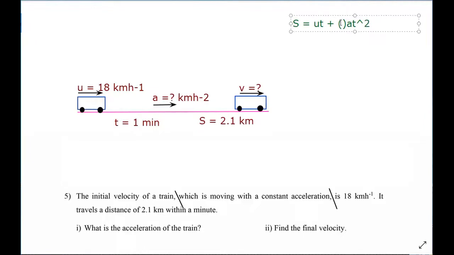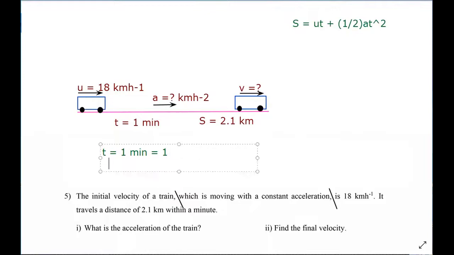Here I'm going to use everything with kilometers and hours. Time is given as 1 minute. What should I do to convert minutes into hours? Divide by 60. Very good.